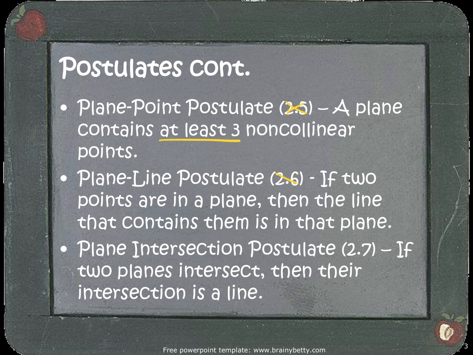The next one is called the plane line postulate. And this one states that if 2 points are in a plane, then the line that contains them is in the plane.